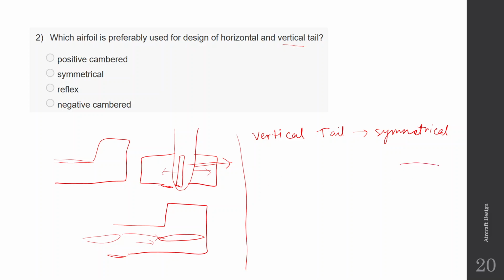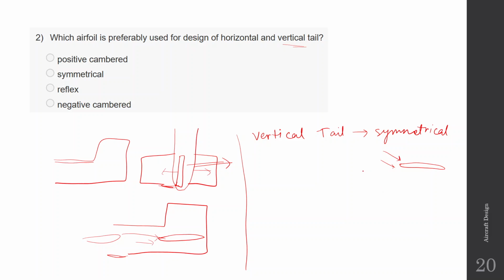If you zoom in on the tail, although the tail is straight, the wind direction is downwards, so this produces a positive angle of attack.